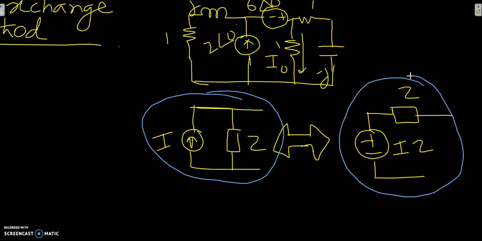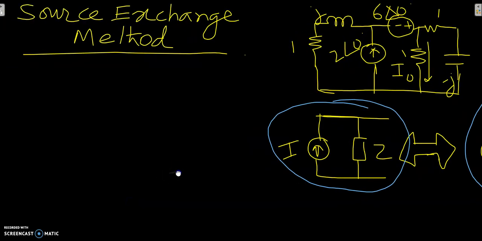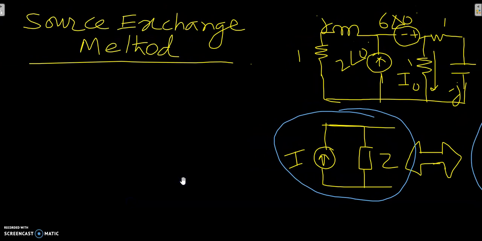A current source in parallel with an impedance can be converted into a voltage source in series with the impedance, and the magnitude of the voltage would be the current amplitude times the impedance Z. Let me apply this concept to solve this problem and find I naught.